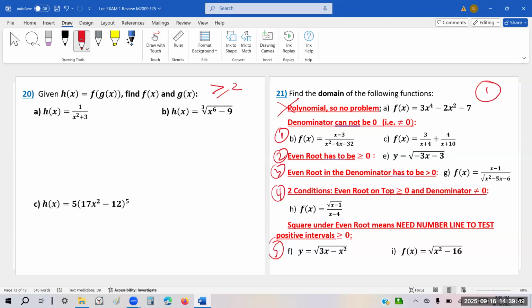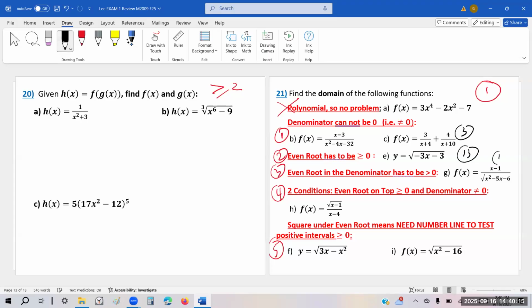For one, how many votes is for one? 1, 2, 3. So I have 3 votes here. How many votes for question number 2? 1, 2, 3, 4, 5, 6, 7, 8, 9, 10, 11, 12, 13. Wow. How many is for the third type?